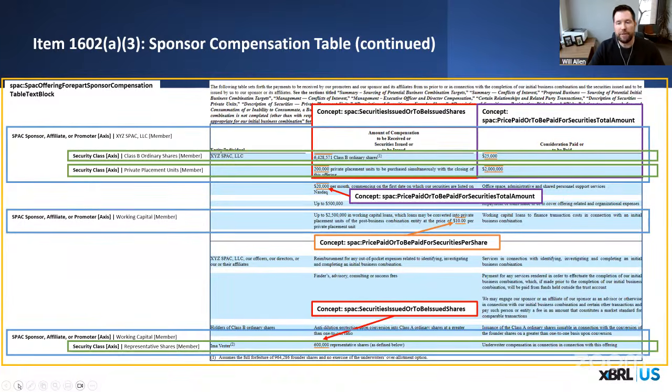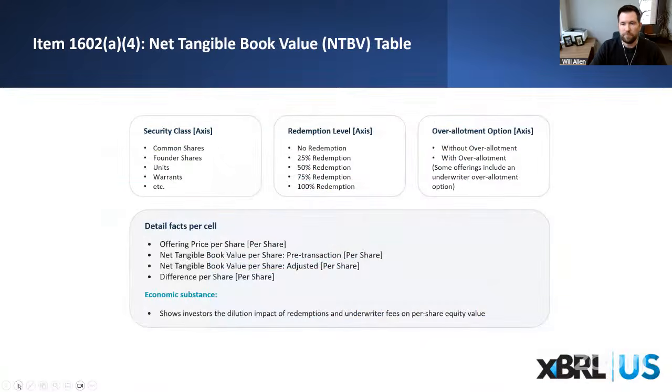All right, next slide, please. Another large table in 1602 is this net tangible book value table. This is one of the redemption scenarios that I mentioned earlier. The net tangible book value table is a quantitative display of the offering economic impact at different redemption levels.